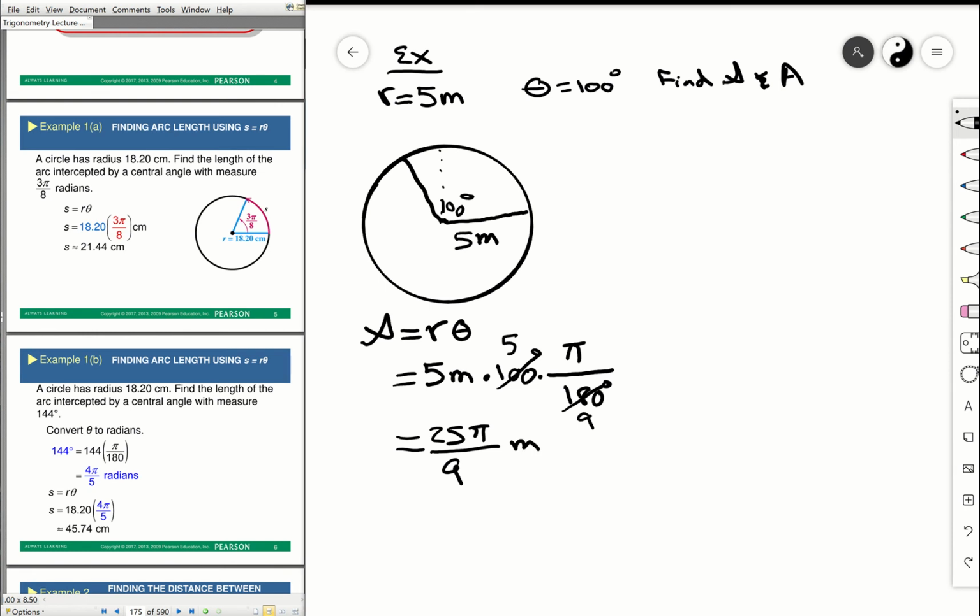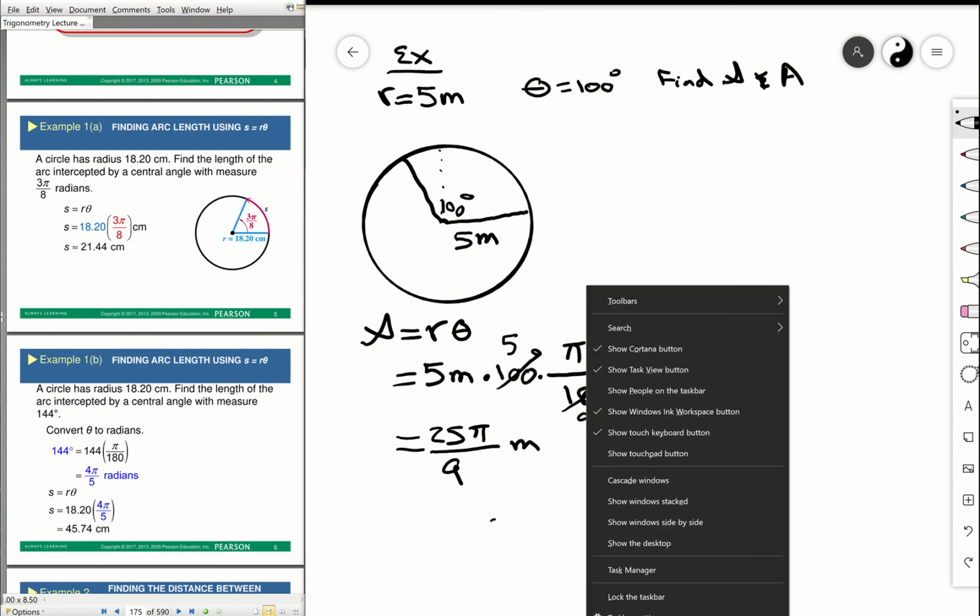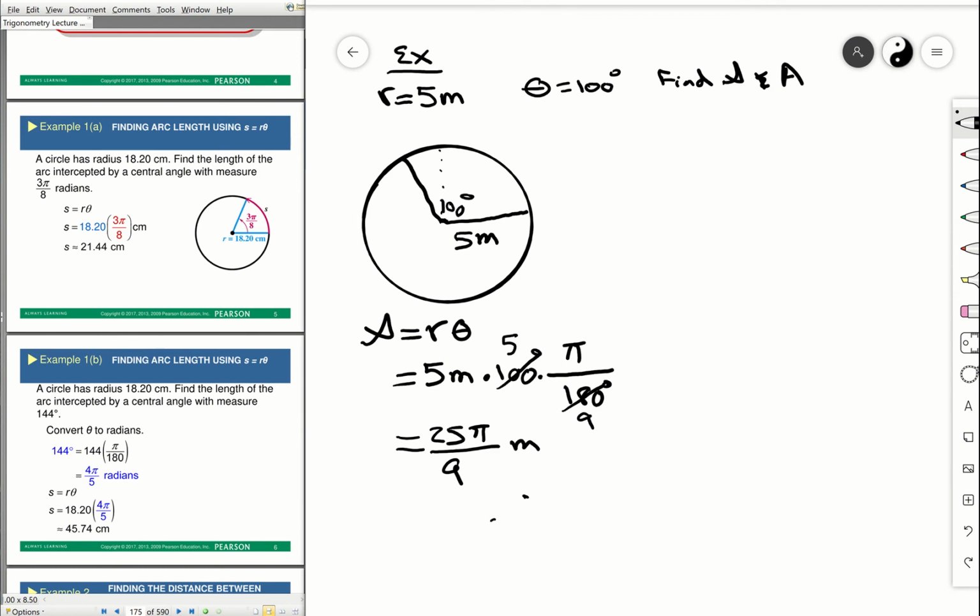Now, if we leave it like that, that will be the exact value of the arc length, meaning the length of this arc right here, which we're just painting in red. Or if we go ahead and plug it into a calculator, we can get an approximate value.